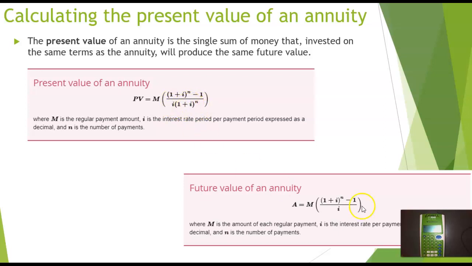So over here we're just dividing by the interest rate. Here we're dividing by the interest rate multiplied by 1 plus I to the n. So if you can remember this, then you just know that you need to add the extra 1 plus I to the n to work out the present value from the future value.